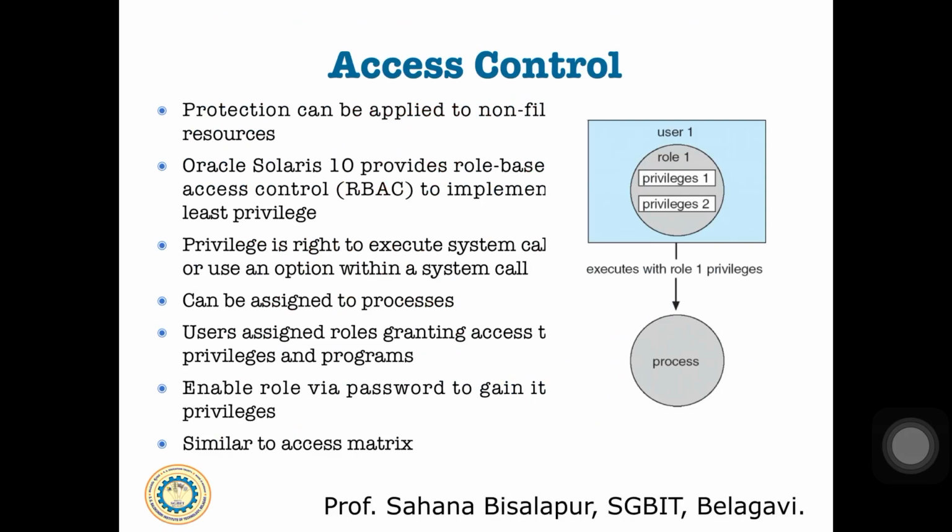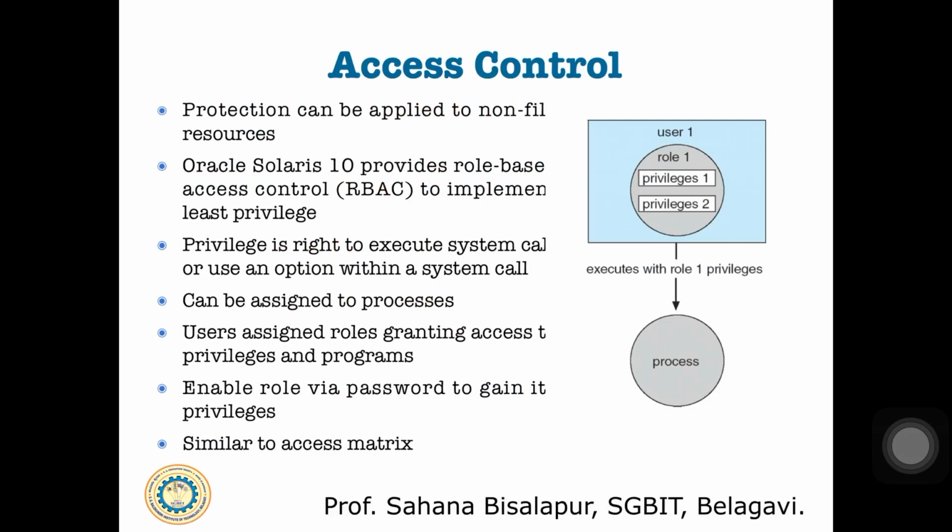Here we are going to give some privileges depending on the role of the user. The privilege is nothing but what right you are going to give to the system call. Now the rights may be anything like read, write or execute. So these privileges are assigned to the processes, limiting them to exactly the access they need to perform their work.